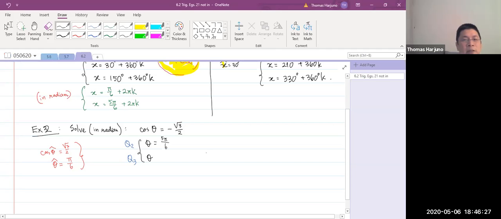Pi over 6, right? If I try to picture that, I will have this situation. This is the theta here. So in quadrant 2, there will be pi minus pi over 6. In quadrant 3, there will be pi plus pi over 6. Now then, don't forget to add the period.